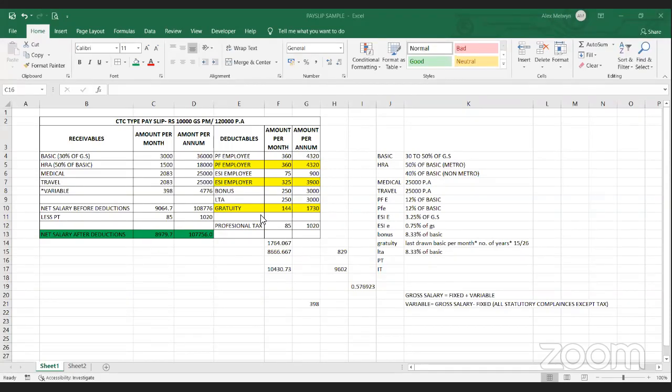For example, if you take this person, his gratuity money is only 1,730 rupees. So even if you accumulate for the next 5 years also, it will not cross more than 20 or 30,000. To reach that ultimate 20 lakhs, you need to have a higher salary slab.